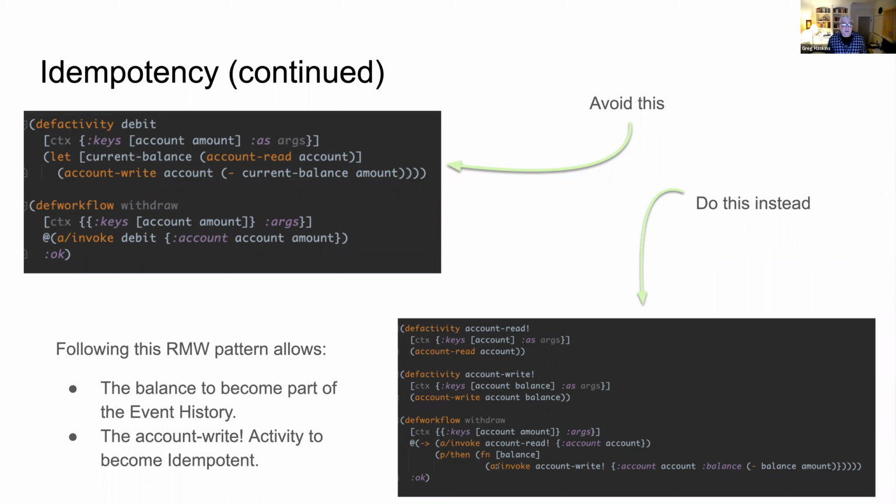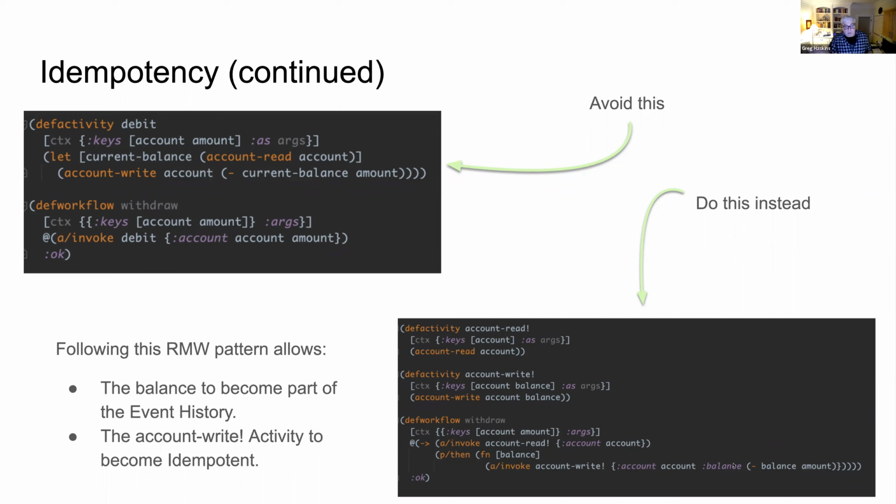And so when I get to this write function, I'm computing 1,000 minus 100 equals $900, and this is now deterministic because the 1,000 is in the event history. So if this were to replay, I'm going to get 1,000 every time, and then I'm computing 900 every time. So the inputs to account write are now deterministic and idempotent.